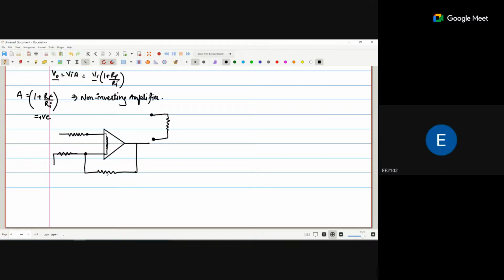This is the condition. If I say this is V1 and this is V1, when is it possible? If the internal resistance is infinite, the current is 0.